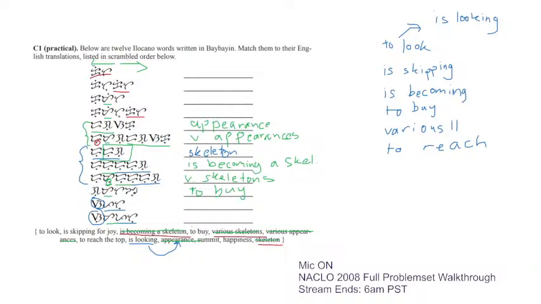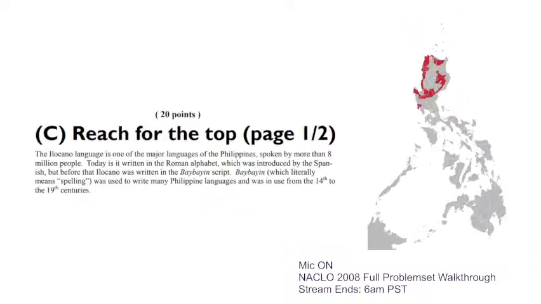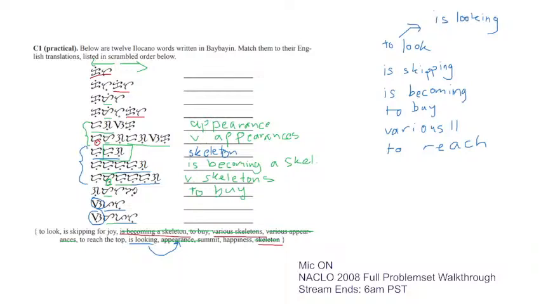Okay, so now that we got that, I actually think that to look and appearances will be in the same group. So that means that this group of two won't work, because we have to look, is looking, appearance, and various appearances. So that's 4, and this is 4 sets of words that look incredibly similar to me.